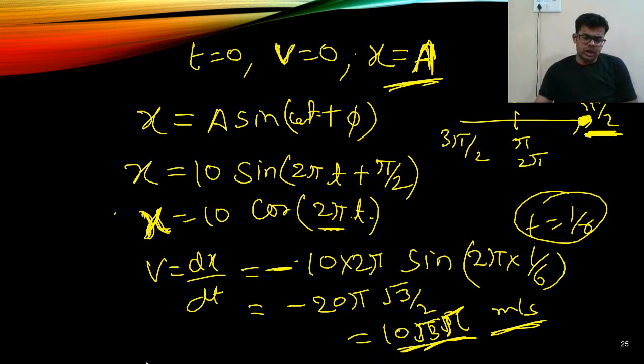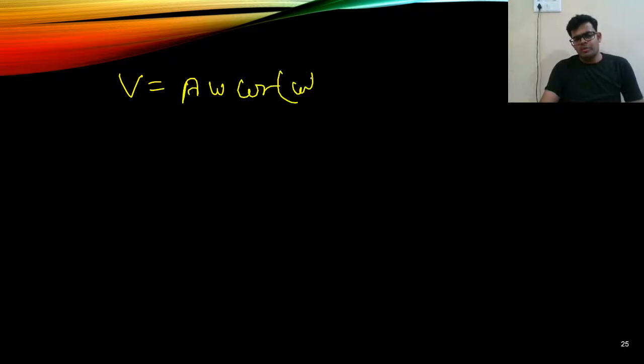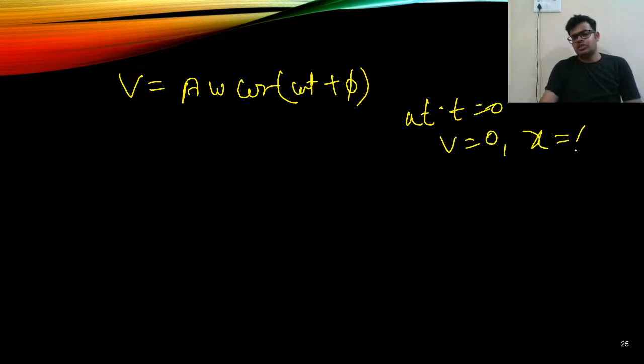Very simple. You can solve it in another way also. I am going to solve it in another way. Look at this. We all know the formula of velocity, speed: A omega cos of omega t plus phi. All of you know this. At t equals 0, v equals 0, which means x equals a.